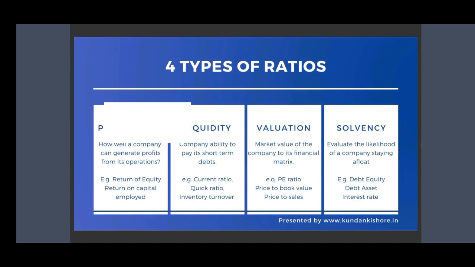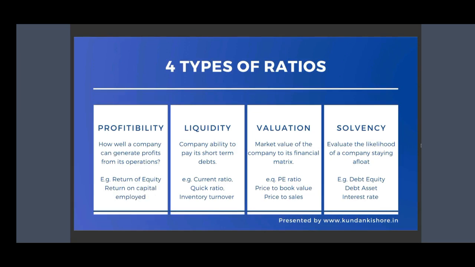What is the meaning of profitability? Profitability looks very simple: whether the company is profitable or not. Obviously the company's main aim is to generate profit. Yes, the company will be generating a profit of 200 crore, 300 crore, 500 crore. But do we really need to check that?